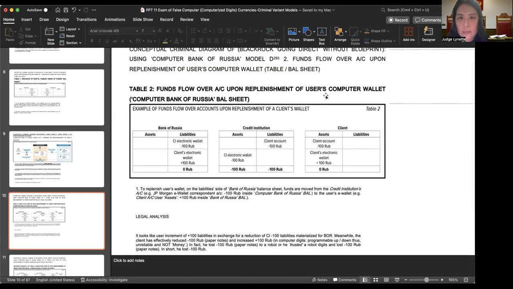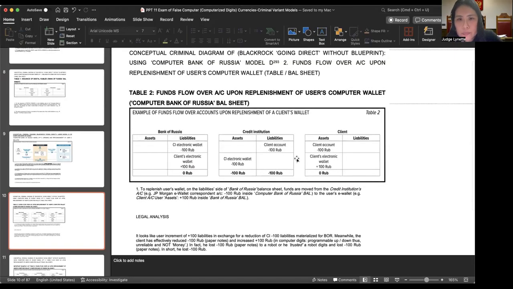So what this means is that if you just look at the middle section of these 3 sets of balance sheets, you'll see that the credit institution, for example, JP Morgan, previously owed liabilities of 100 rubles, which is in paper format, paper cash, physical form.